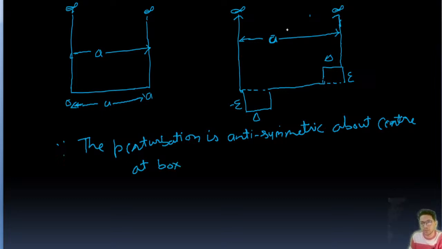So it is clearly seen, right? This is the center of the box. About the center of the box, the perturbation is antisymmetric.